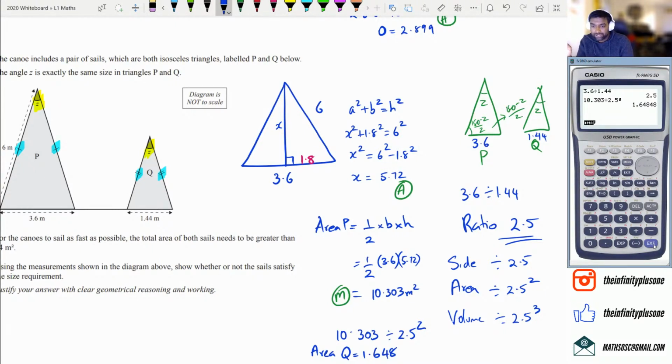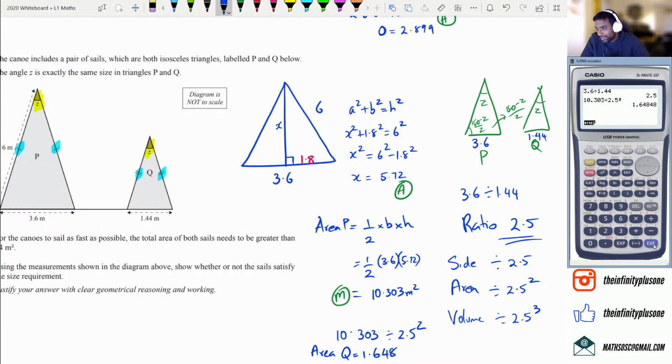I'll show you guys why that is, because it's really hard to conceptualize when we're just doing a random question. But what I'll do is finish this question and then give you a bit more explanation of why we square the ratio.